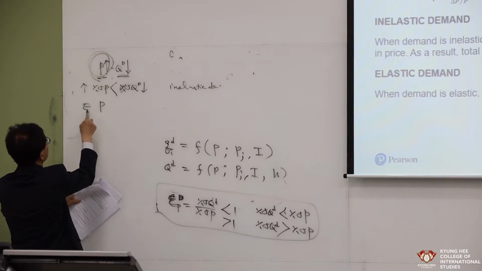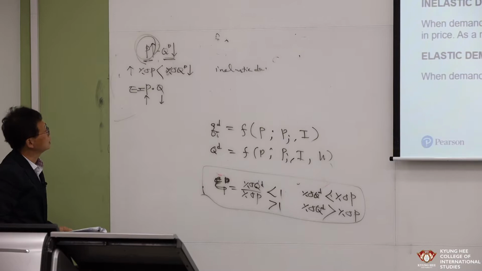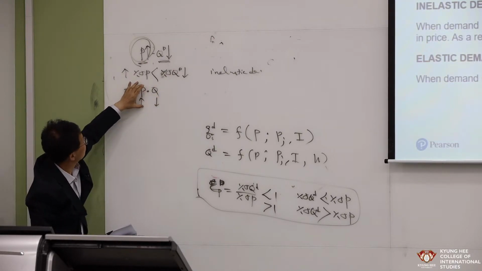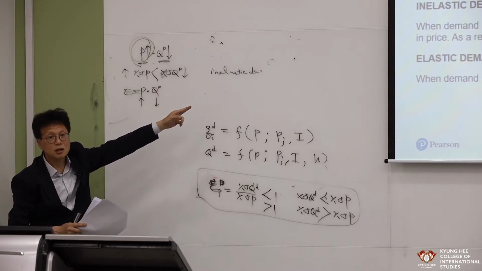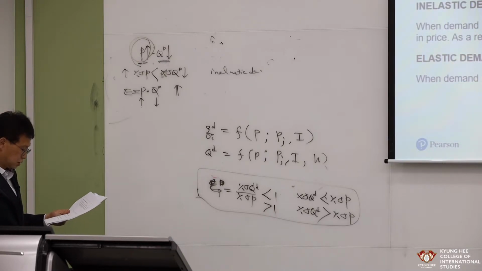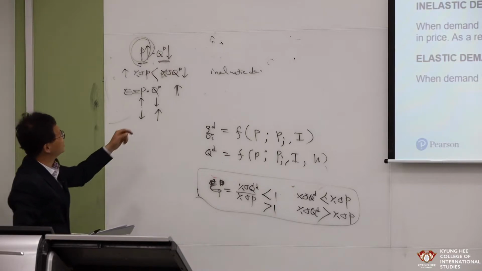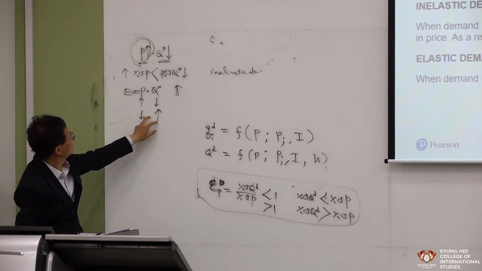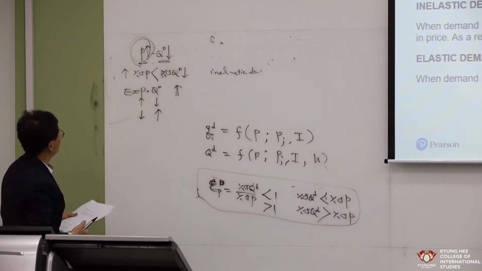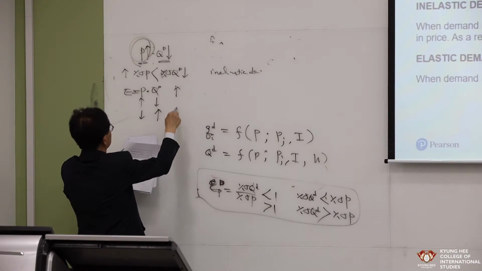Total expenditure is equal to price multiplied by Q. Price increases, then quantity decreases. But from the definition of an inelastic demand curve, the price effect is stronger than the decrease in quantity demanded. So total expenditure increases. Then what happens when the price decreases? Quantity demanded increases, but the inelastic demand curve says the price effect is stronger than the quantity effect, so expenditure decreases.